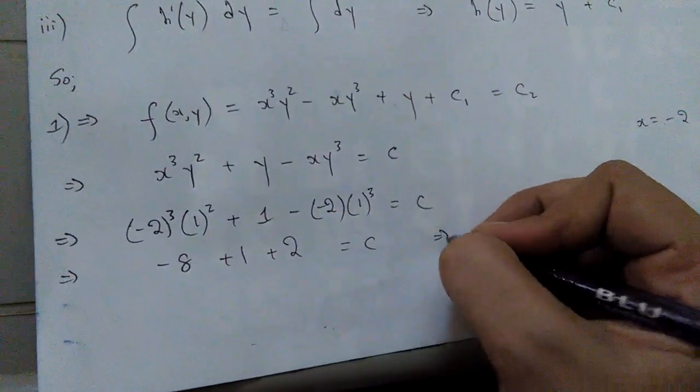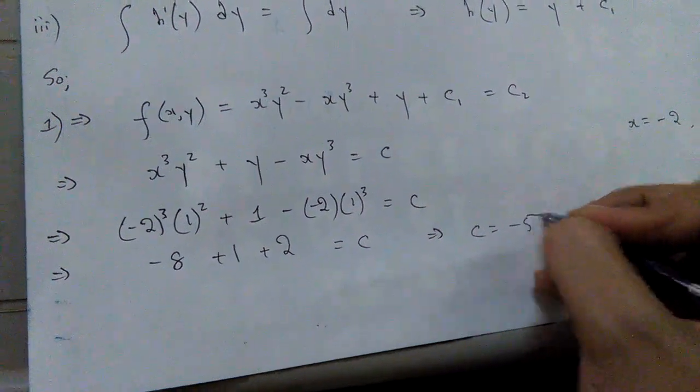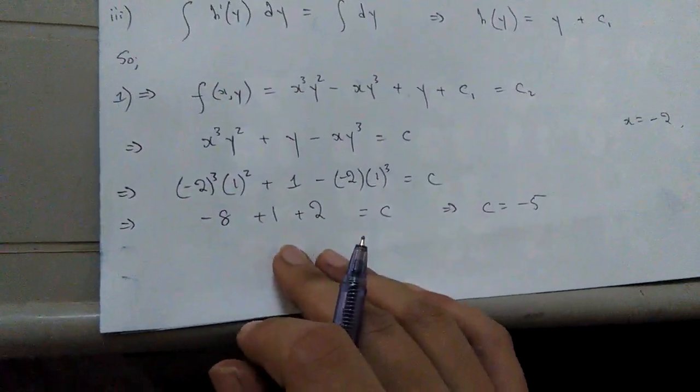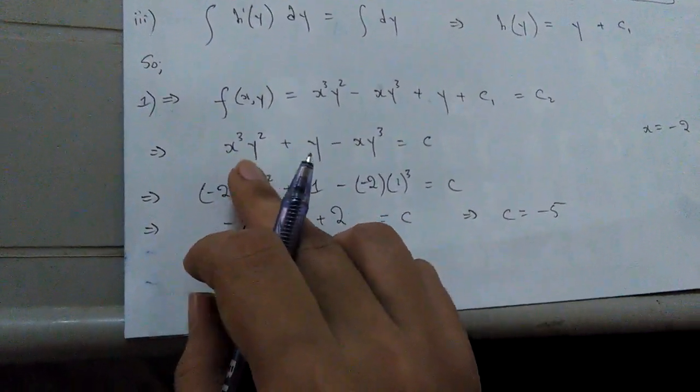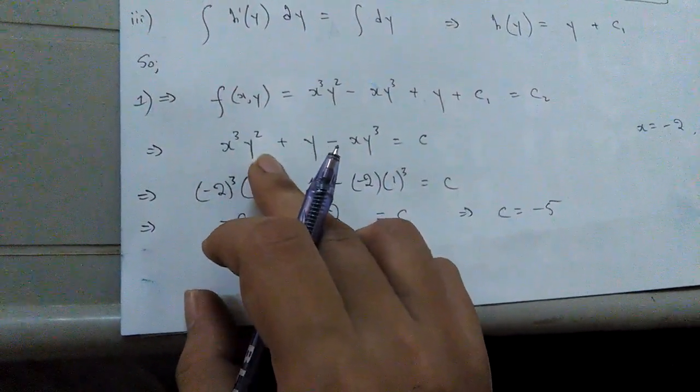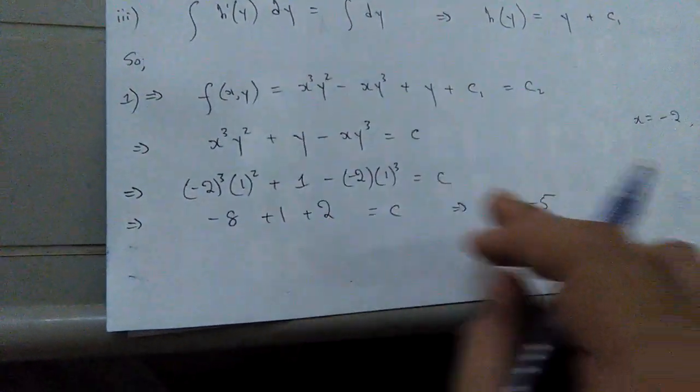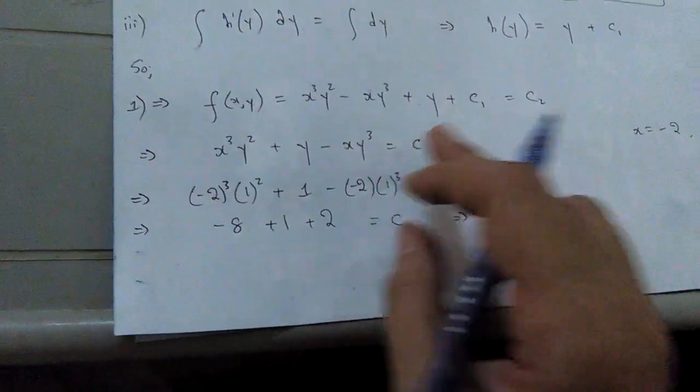The value of c is minus 5. So this shows that the value of our function equals minus 5.